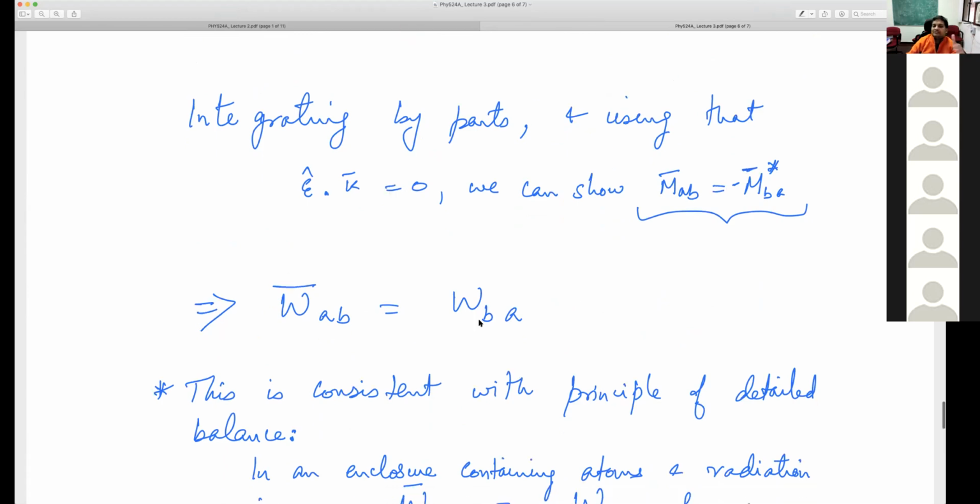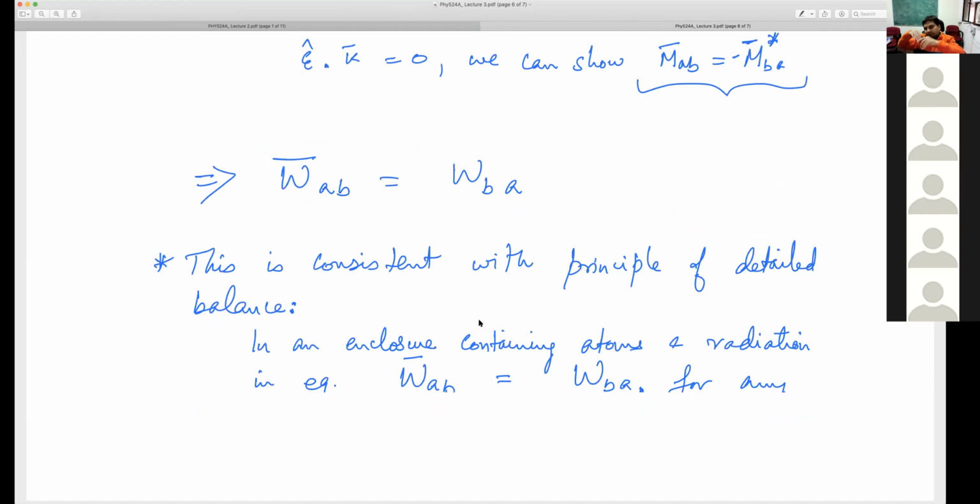The only point is that the principle of detailed balance was known even before we had this light matter interaction theory. The light matter interaction theory is after the advent of quantum mechanics, so 1925, 1926, 1927, roughly, in this Schrodinger equation form. And the principle of detailed balance already existed before that, via these papers of Einstein and Planck, early 1900s.